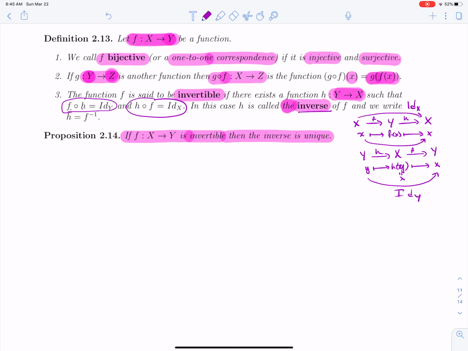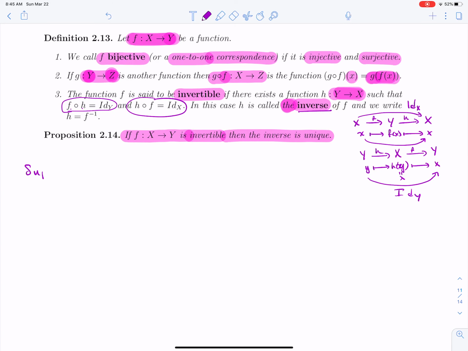So what do we do? As ever, we suppose we have two of them. So suppose we have h going from y to x, let's call it h1, and we have h2 going from y to x, and they're both inverses, such that, so what does it mean that they're both inverses?